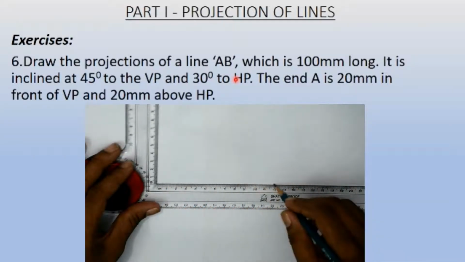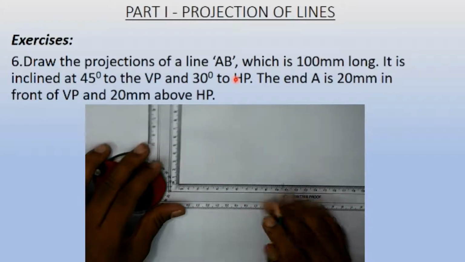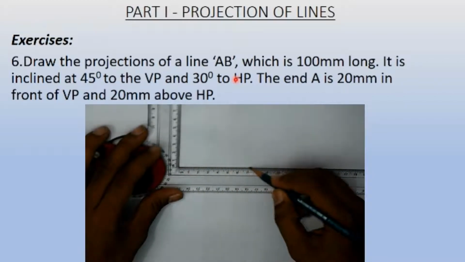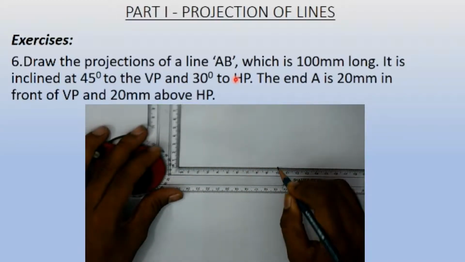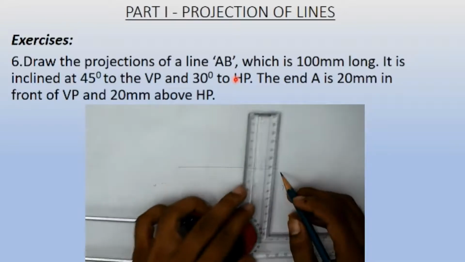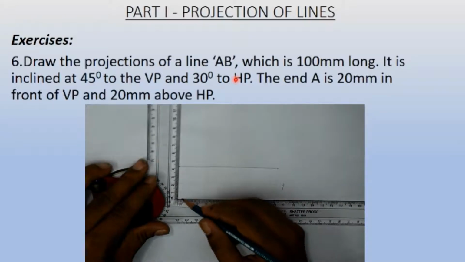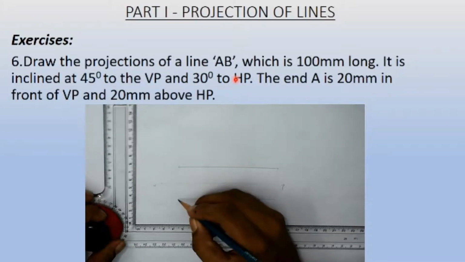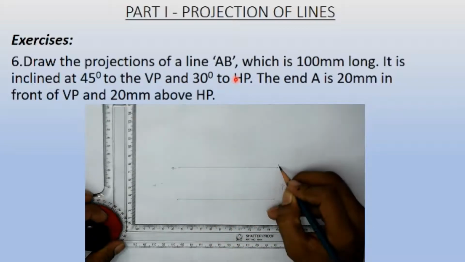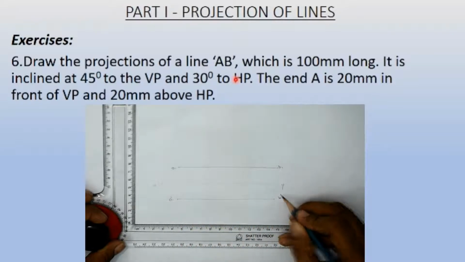So I'll start with the XY line first here. As you can see here, I'm first assuming that it is parallel to both the planes. So this is a 100 mm line, and these are the projections. Again 20 mm in front of VP. So let's say this is A1, B1, and this is A1 dash and B1 dash.